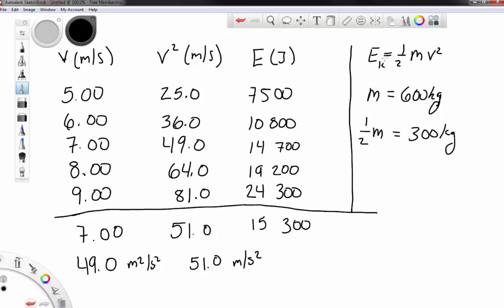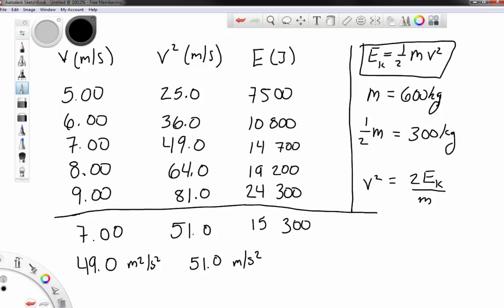Well, we can take this equation up here that we have for kinetic energy and solve it for the v squared term. So v squared is equal to 2 times the energy divided by the mass.